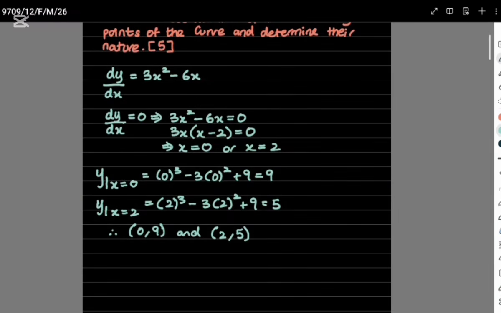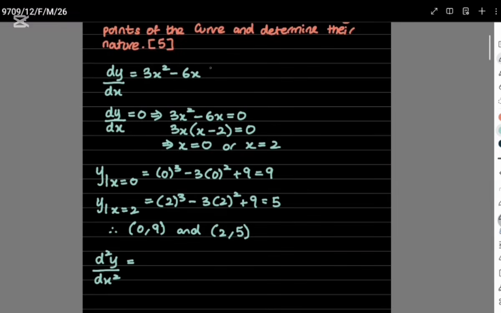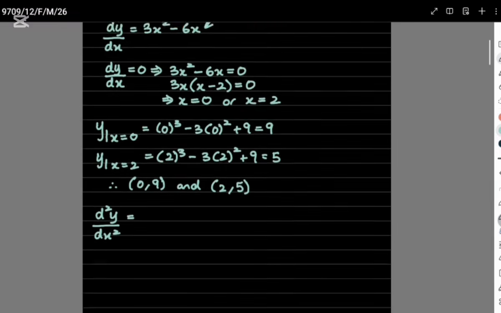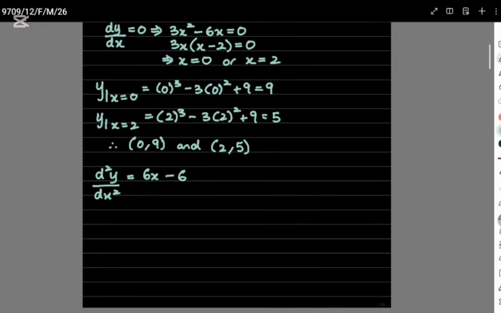Okay, so they want us to determine its nature as well. So to determine its nature, we have to find the second derivative. So the second derivative is you differentiate dy by dx, which gives you 6x minus 6. Now, you substitute the x values of these stationary points and check whether it's greater than 0 or less than 0.